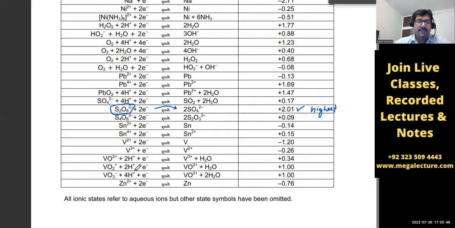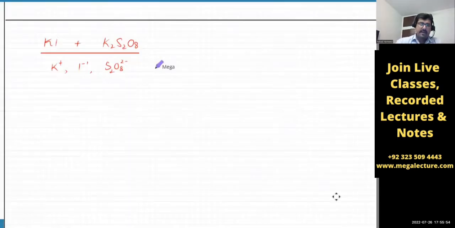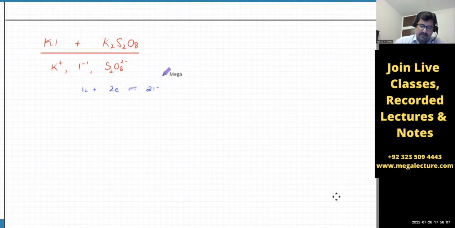So I figured out the reactions. I had two equations, and let me copy the two equations. The K plus 1 did not work out. The I minus 1 one worked. I2 plus 2 electrons in equilibrium with 2I minus 1, and that's 0.54 volts.